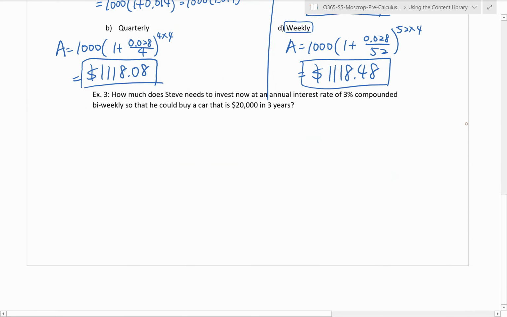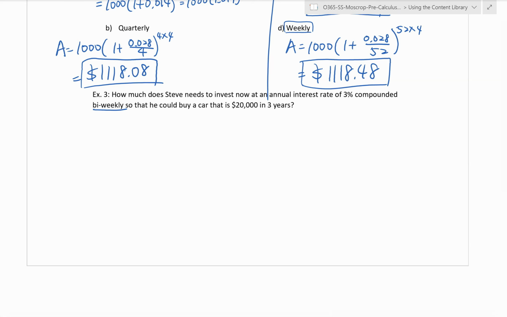All right, last example, and then we're done. It says, how much does Steve need to invest now at an annual interest rate of 3% compounded bi-weekly, once every 2 weeks, so that he could buy a car that is worth $20,000 in 3 years.